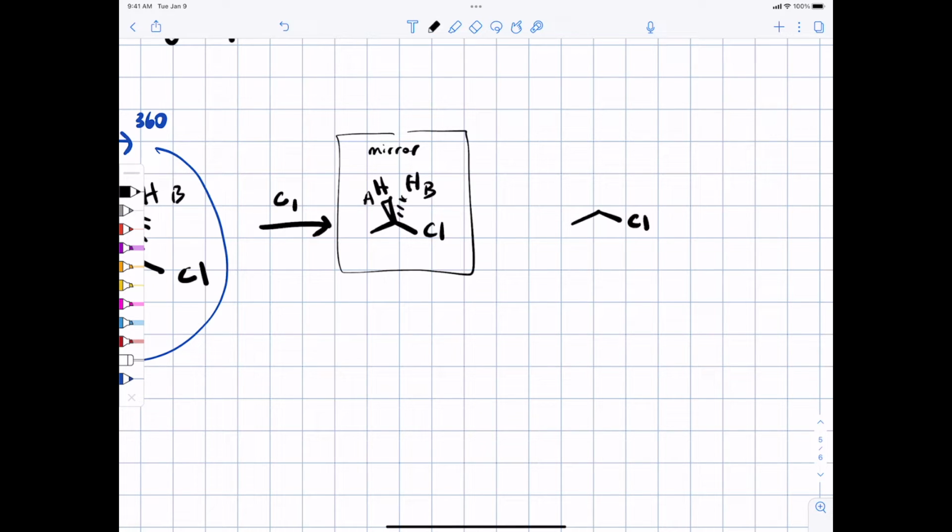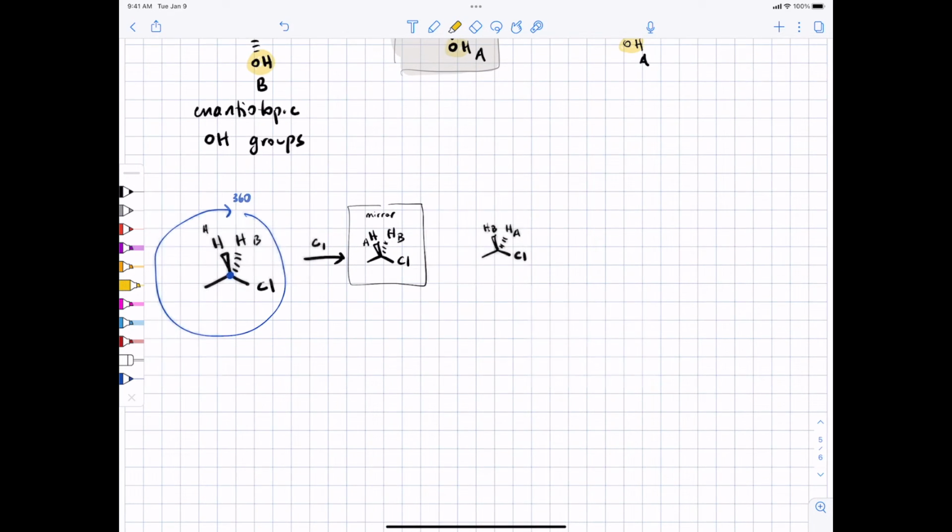Hb gets reflected up above the page, and HA gets reflected down below the page. We have fully traded the positions of HA and HB through these two symmetry operations, and the XYZ coordinates are the same. Therefore, those two groups are enantiotopic.